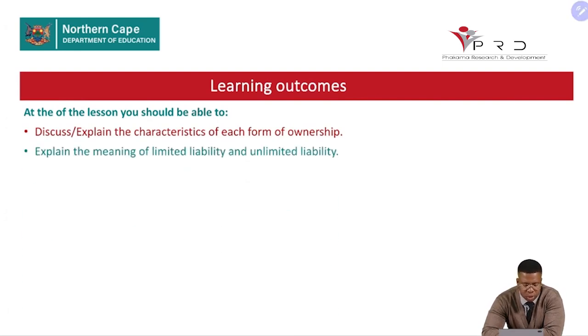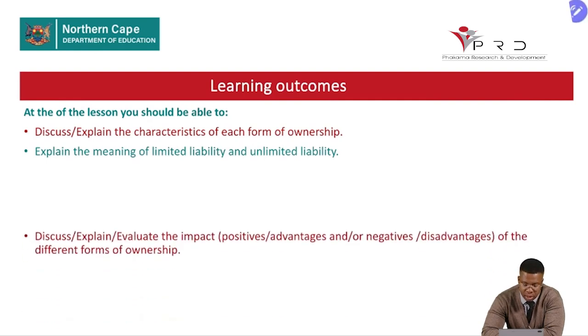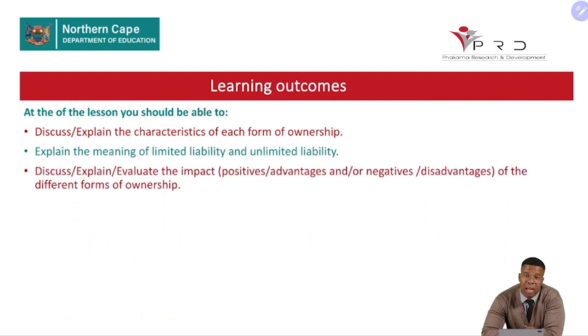We'll also look into explaining the meaning of limited liability and unlimited liability, together with discussing or explaining or evaluating the impact, which looks into positives or advantages and or negatives or disadvantages of the different forms of ownership. That would be our focus for today's lesson.